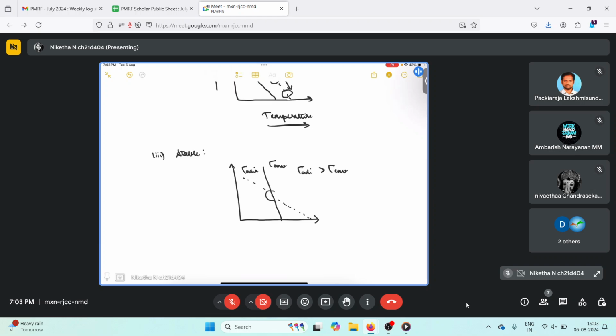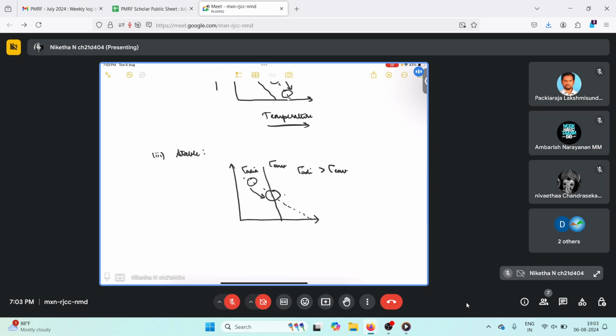What this means is that if you have a parcel of polluted air, and the wind is trying to move it upwards, it reaches this point, and at this point the temperature of the air is going to be less than that of the surrounding air. So because of that, it won't move up; it will come down. It will come back to its original position.